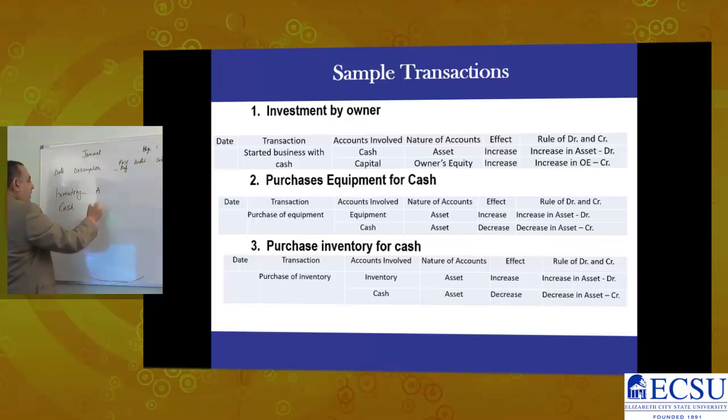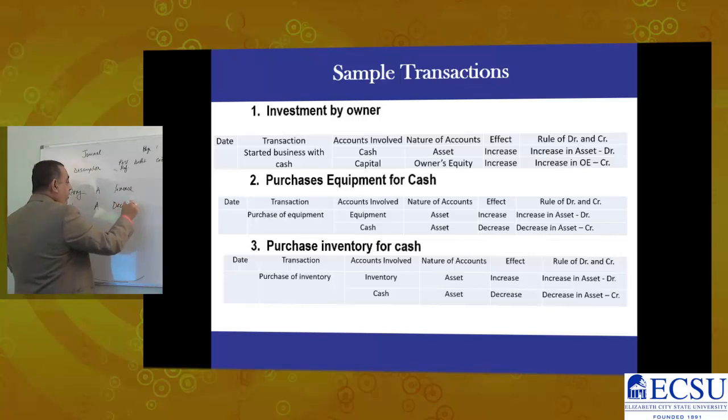Inventory is an asset, cash is also an asset. When I buy inventory, the stock of inventory in my business will increase. So this will increase. But when I paid cash, my cash balance decreased. So that's why this is a decrease.